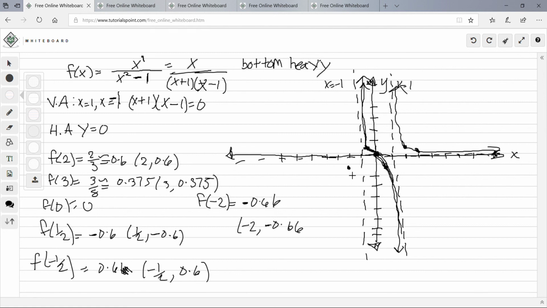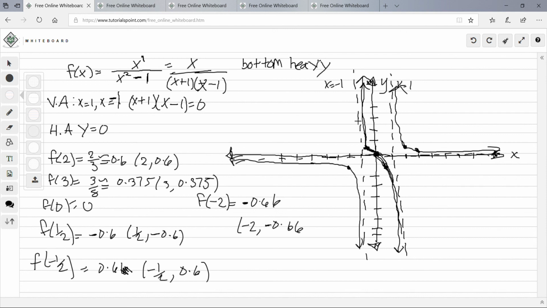And that's enough to tell me it's going to go like this, because we know it'll never pass through 0, because that's our HA. So that's enough testing points for the left side. On the left side, it's going to look like this. On the middle, it's going to have this weird shape. And then on the right side, it's going to look something like this.